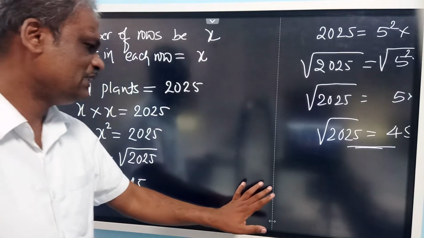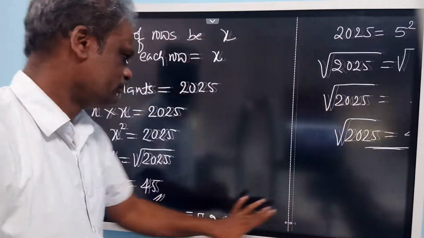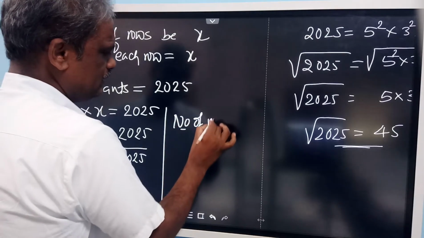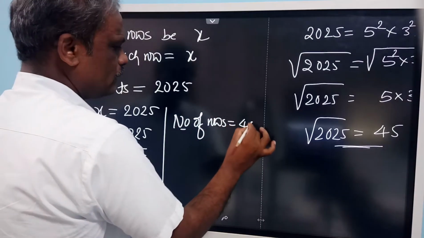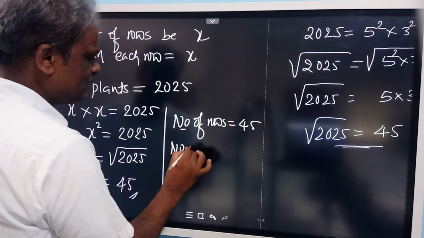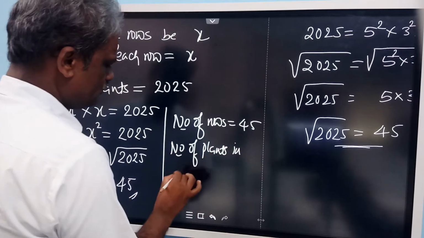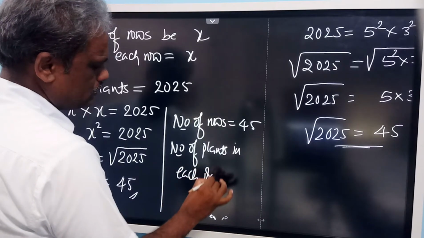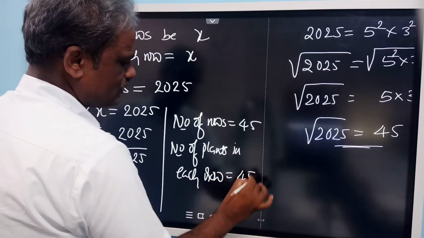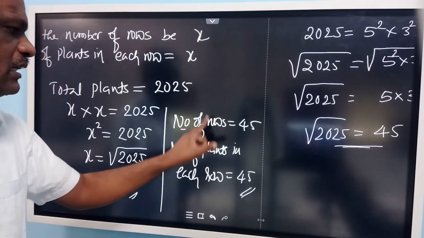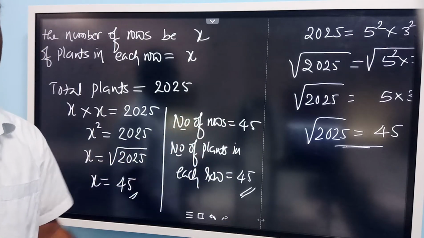X is 45 means the number of rows is 45, and the number of plants in each row is also 45. The number of rows is also 45.